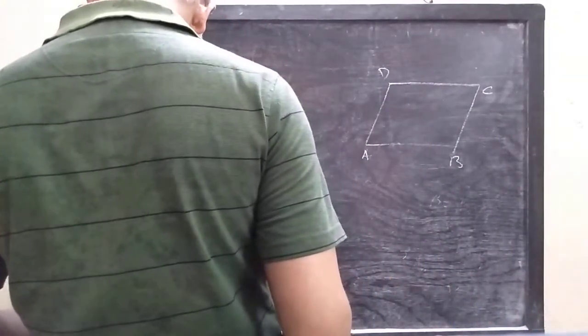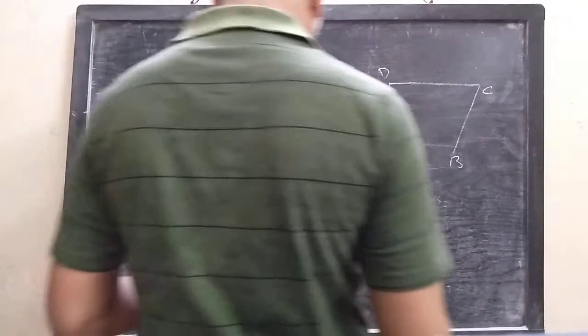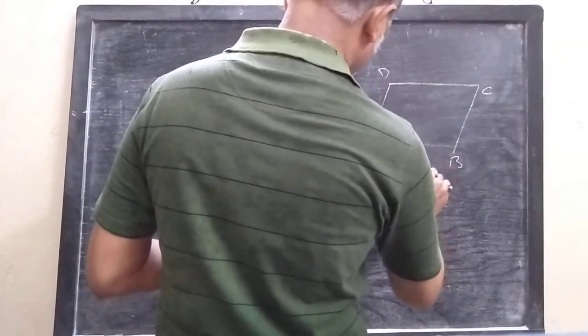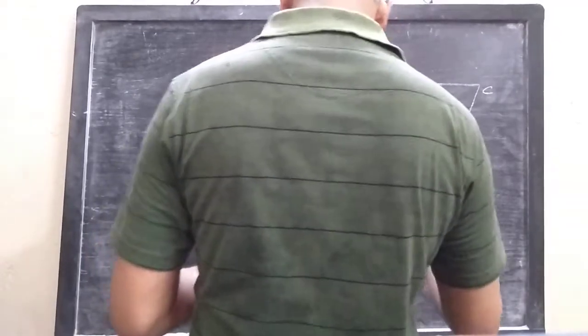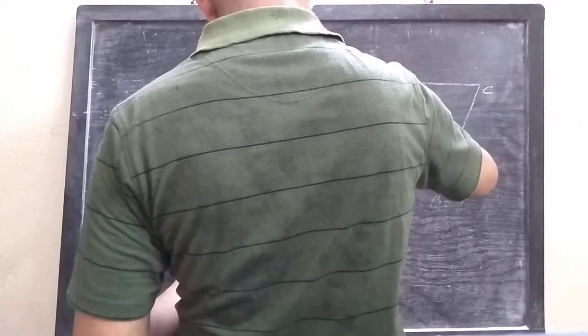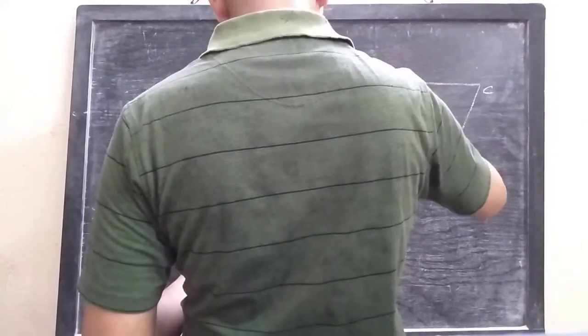Two adjacent sides of a parallelogram are, say, this is 4x plus 5y equals 0 and this is 7x plus 2y equals 0.